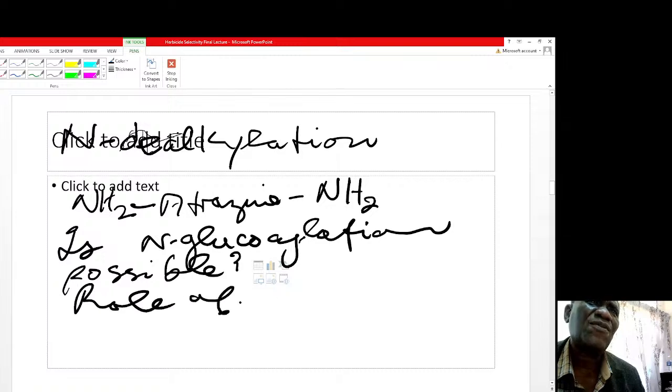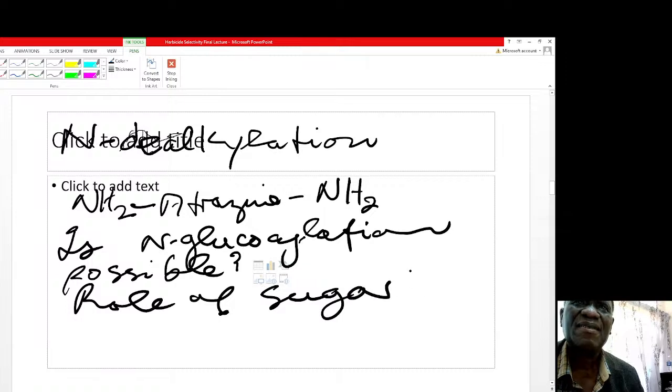Role of sugar. Because we do have these NH2, the amine portions.